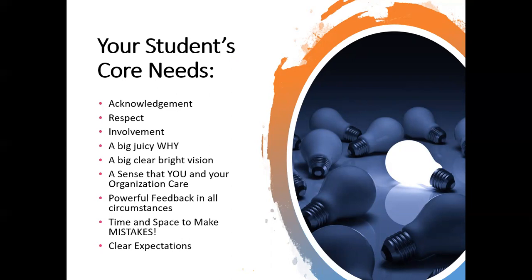And if we can be acknowledged for taking small steps, then we feel like we matter and we feel like what we are doing is the right thing to do.